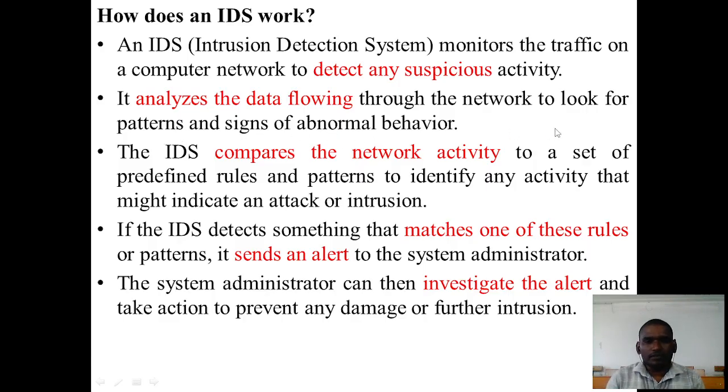Any abnormal behavior that occurs in the network, it identifies or analyzes. The IDS compares the network activity to predefined rules and patterns to identify any activity that might indicate an attack or intrusion. So if any problems occur based on the rules and regulations, it identifies them and gives alert messages. If the IDS detects something that matches one of these rules or patterns, it sends an alert to the system administrator. Okay, the system administrator can then investigate the alert and take action to prevent any damage or further intrusions.